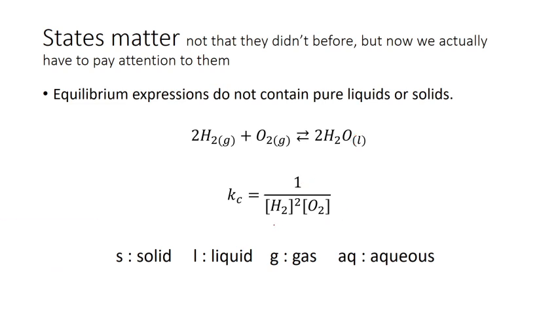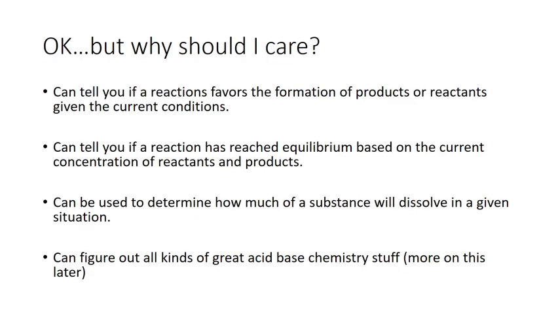We only have our reactants on the bottom because those are gases which do appear in equilibrium expressions. And so that is what we have to keep in mind when we are writing equilibrium expressions for various reactions, that expressions only contain gases and aqueous solutions. They do not contain liquids or solids.